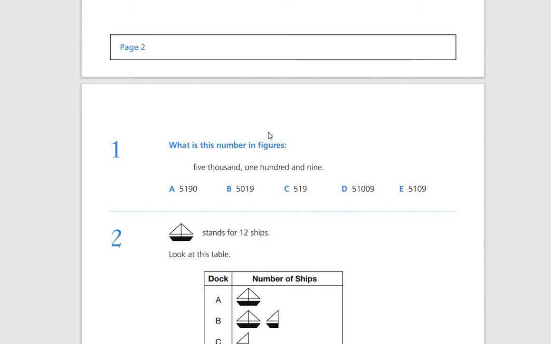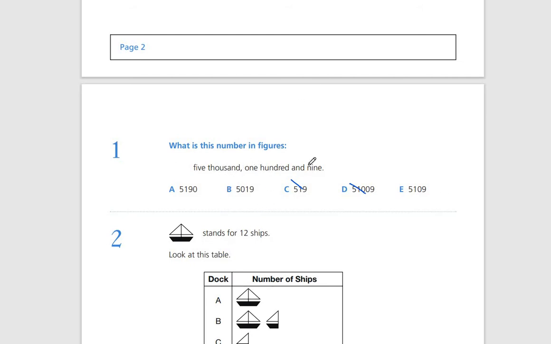What is this number in figures? 5,109. And we know that the 5 is going to be in the 1,000 column, so C would be wrong because the 5 is in the hundreds. Same with D because D's in the 50,000s. So now we've got 3 more left.